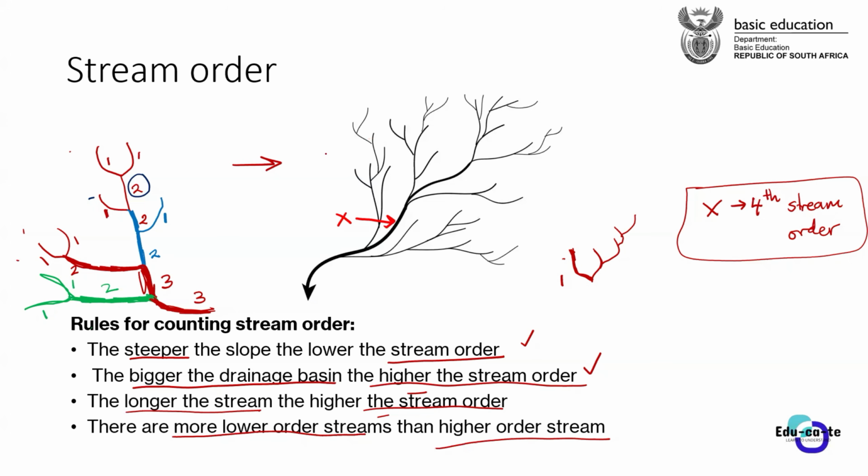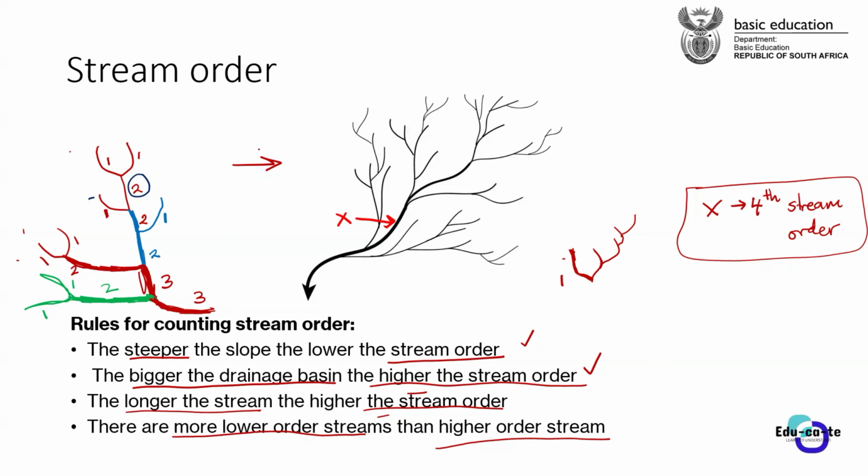In the pattern that we just did, we had so many first order streams, but for the higher order ones, it was just the 4 and the 3. There were not so many. So there are always more lower order streams than higher order streams.